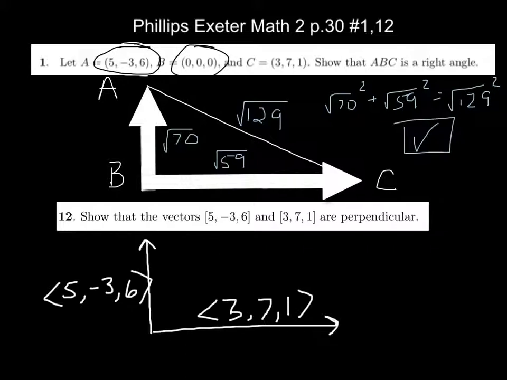Those two vectors were the coordinate points A and C in the previous problem, but now they are the vectors going from B. So if I go from B to A, that is the vector going from 0, 0, 0 to 5, negative 3, 6. And then the vector BC, going that direction, is 3, 7, 1, because you're going from 0, 0, 0 to 3, 7, 1.